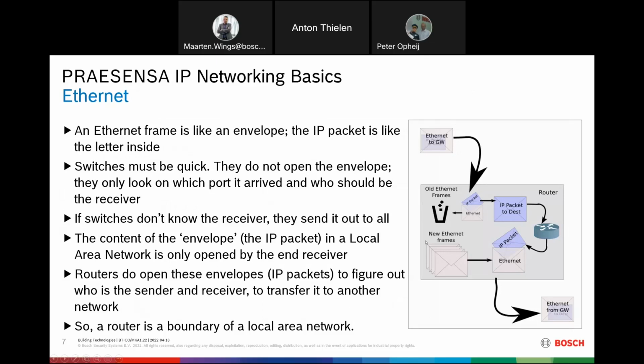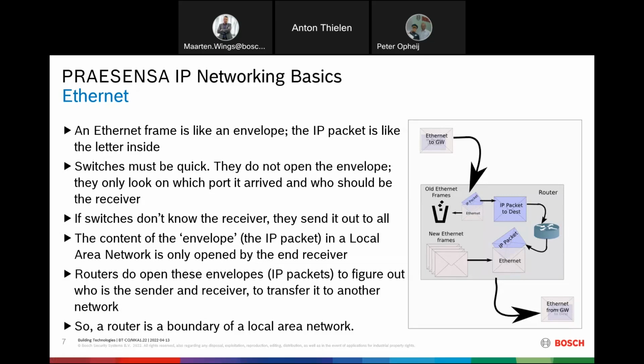This is a router here, this big block. The router will throw away the Ethernet frame, the envelope. It will throw it away, and then it will pick out the IP packet, and that will be transferred through the router to another Ethernet network, and there it gets a new frame around, and then it can send again in that other subnet, for example.